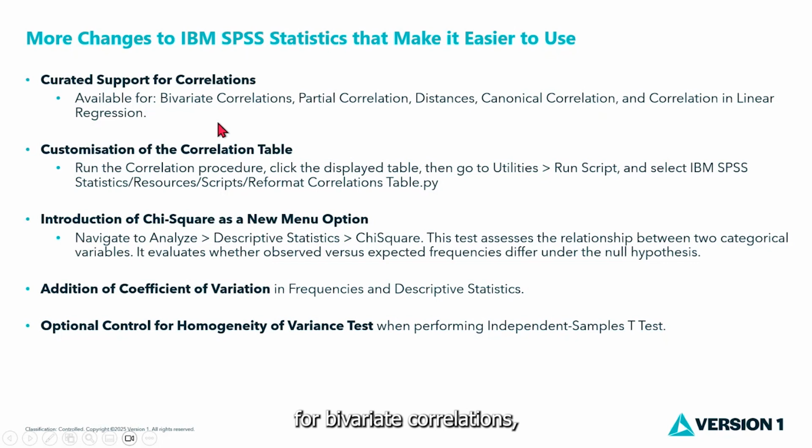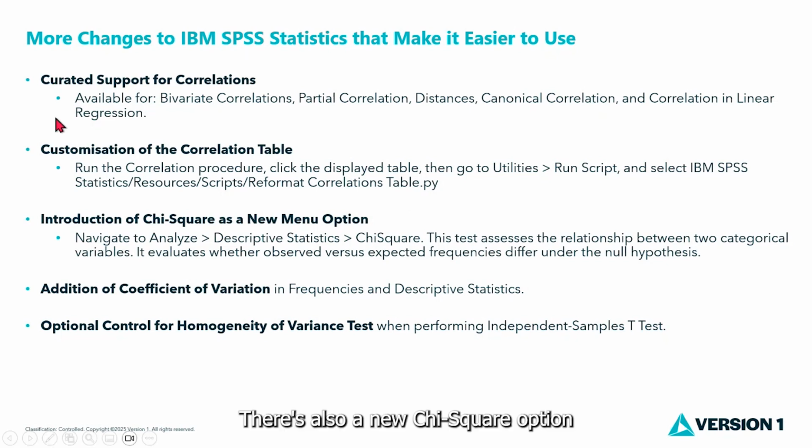This is available for bivariate correlations, partial correlation, distances, canonical correlation, and correlation in linear regression. You can also customize your correlation table. If you run a correlation, you can click on the display table, go to Utilities, Run Script, and select the script Reformat Correlations Table, and this will give you a more compact correlations table that's easier to read.